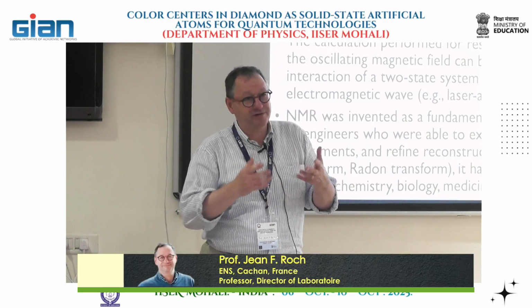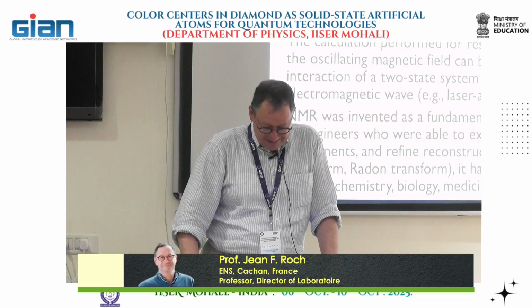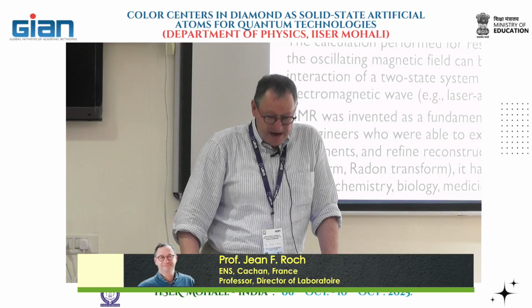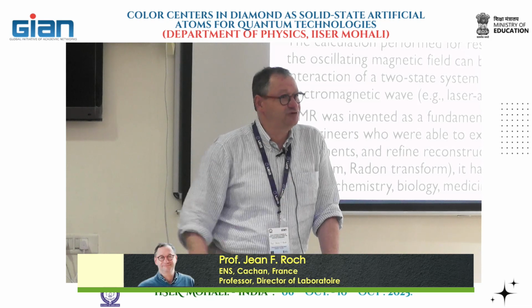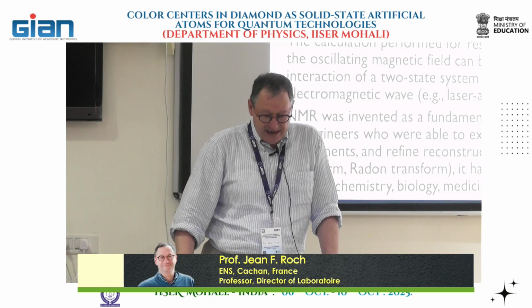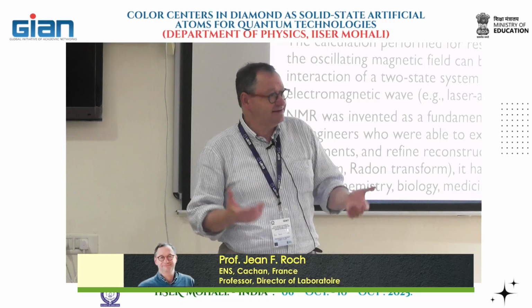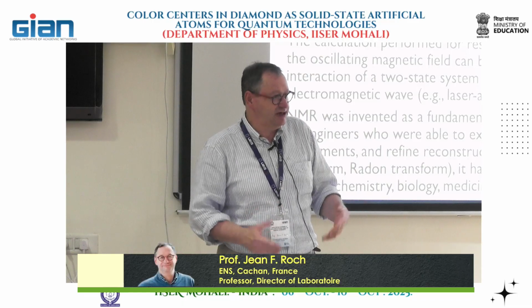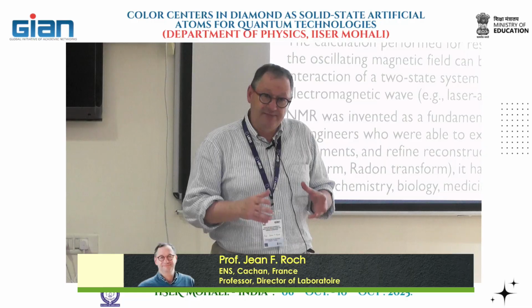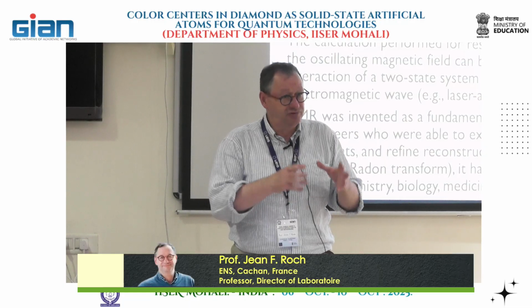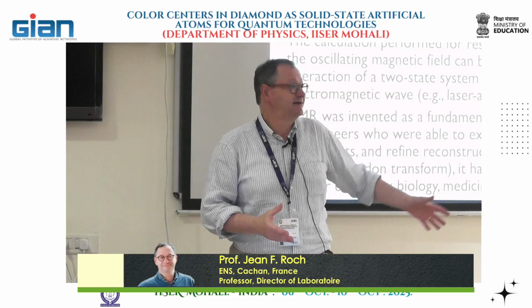And perhaps another, more technological consideration. NMR was invented, I'll show you the work from Rabi and others, as a fundamental research tool. Nevertheless, very quickly, thanks to engineers, we were able to exploit the precision and accuracy to develop instruments.